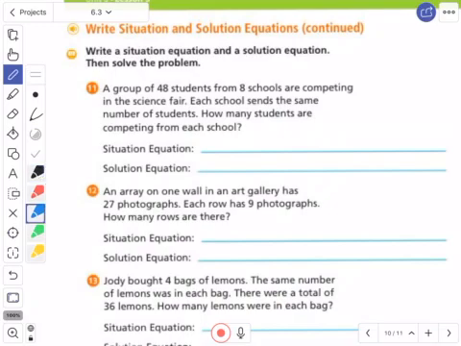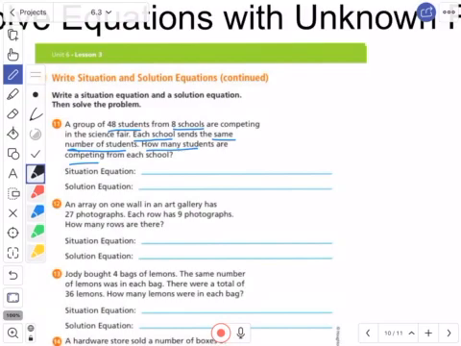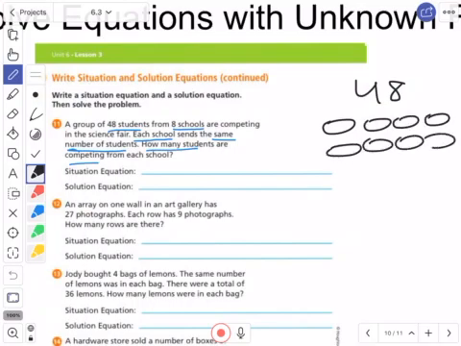Okay. So there's 48 students and 8 schools are competing. Each school sends the same number of students. Well, I have my total already. So I'm going to think about it like this again, where I have 48 for my total and 8 schools. How many from each school?